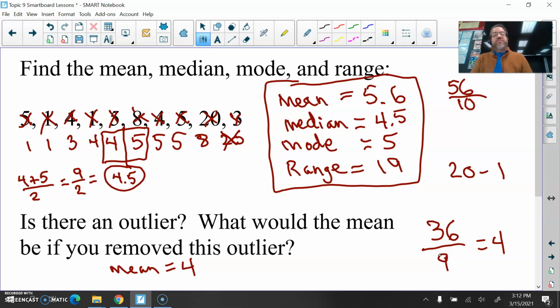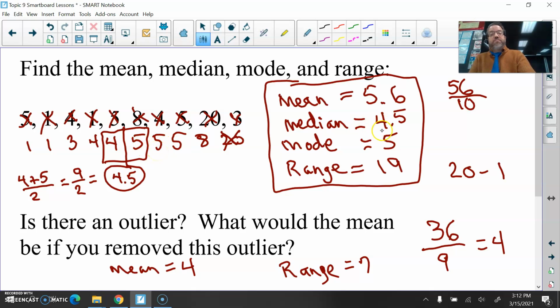You know what else is affected greatly by removing that number? The range. Because now, if you remove the 20, your high score is 8, and 8 minus 1 would be 7. So your new range would be 7. Look how much smaller that is than what we had originally. What you'll notice did not change is the mode. The mode is still 5.